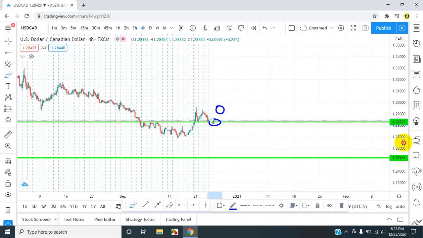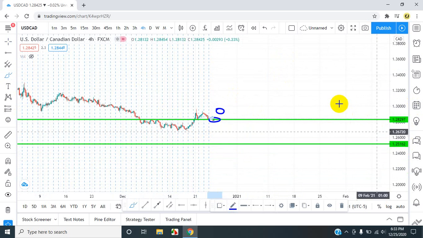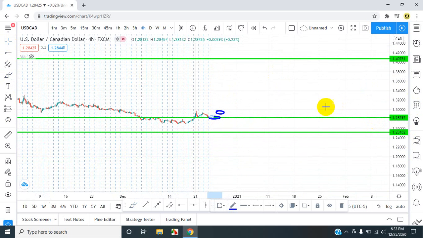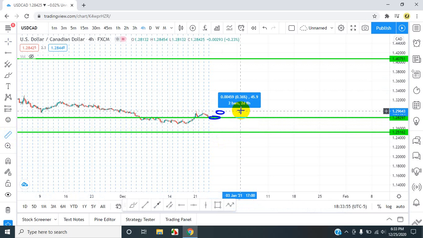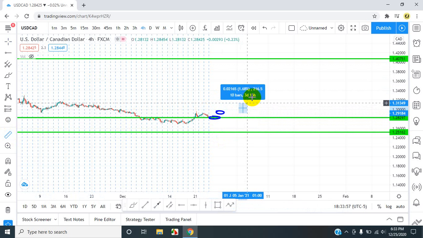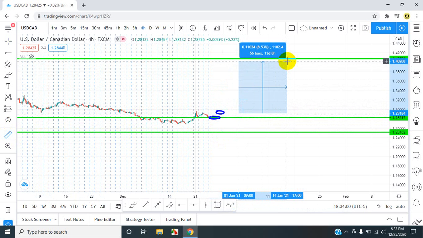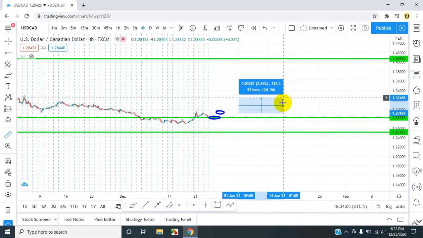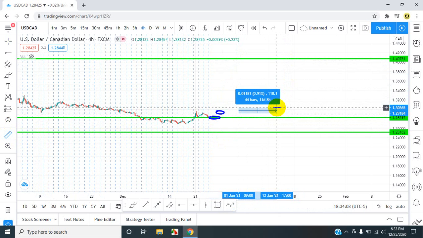If we were going to take that ride all the way up to the top side, to go back to previous areas of high, let's say we took entry at the second level circle, price would be going from here all the way up to the top. We're looking at about 160.